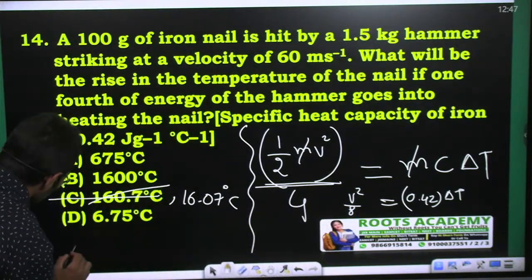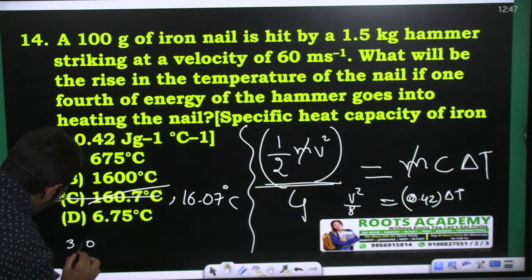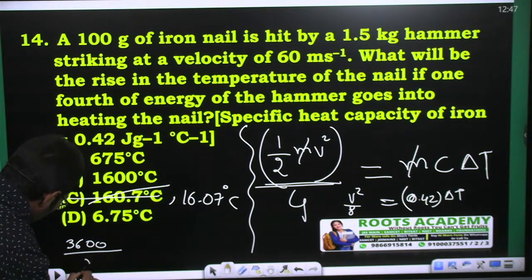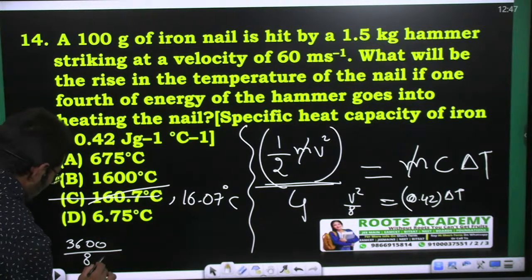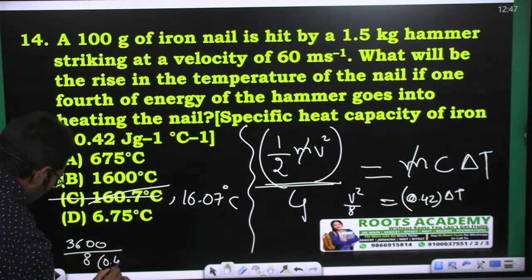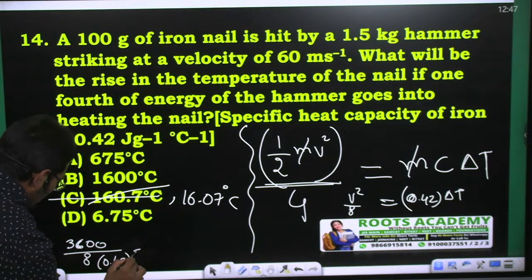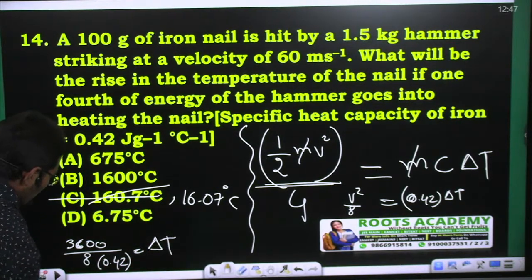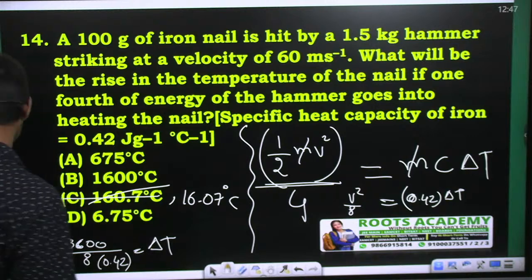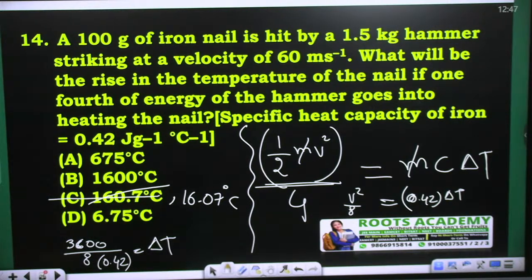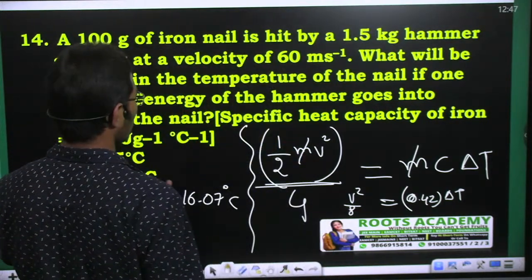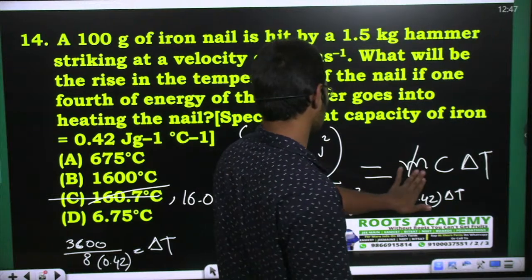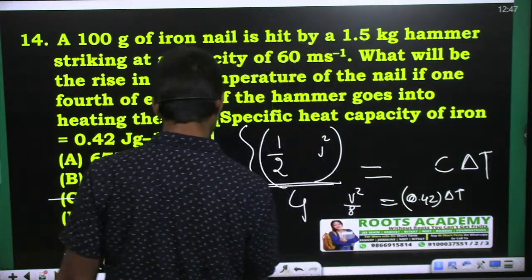So 3600 by 8 by 0.42. This is not the same mass, sorry, different masses, right? So we cannot cancel out. Sorry, I thought they were the same masses.